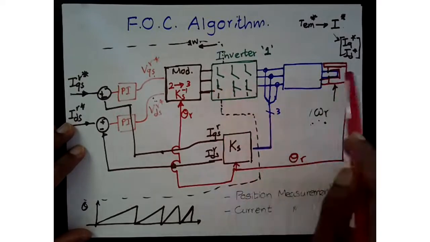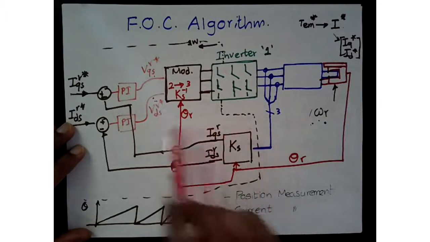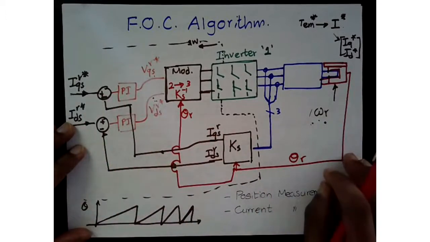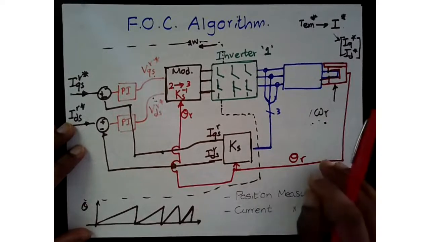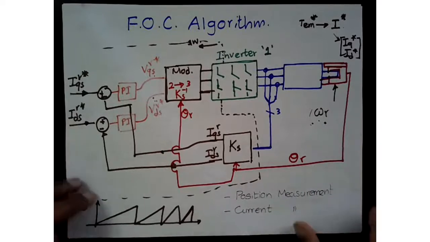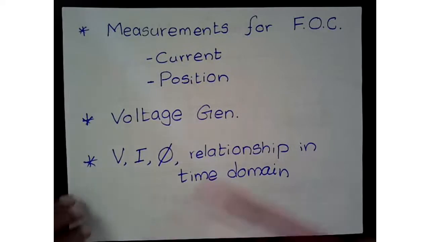Those are the key things to keep in mind. Everything else is basically algorithmic, which means it can be implemented using a microprocessor in the form of code. These are the topics that I want to specifically talk about.